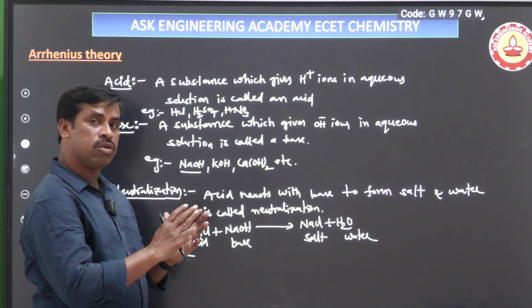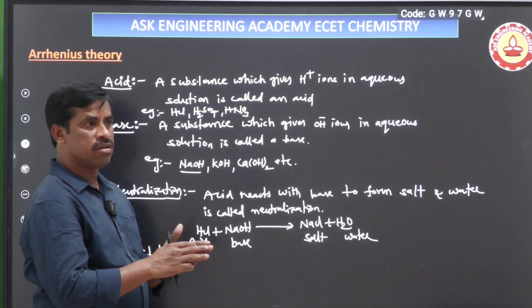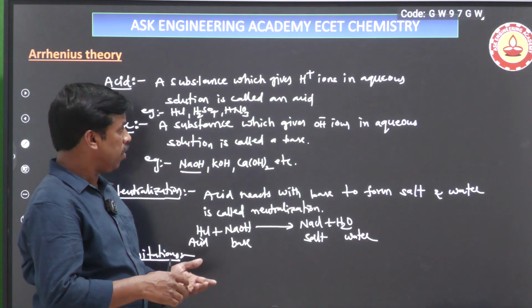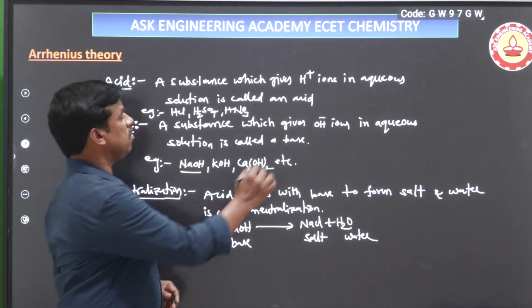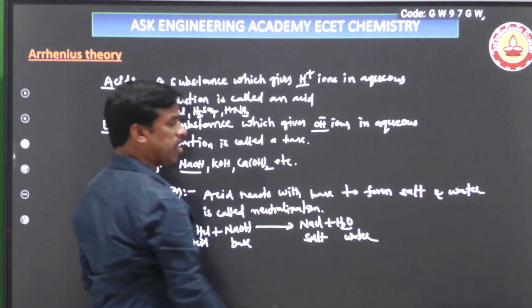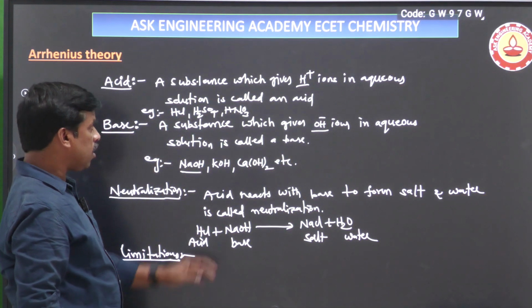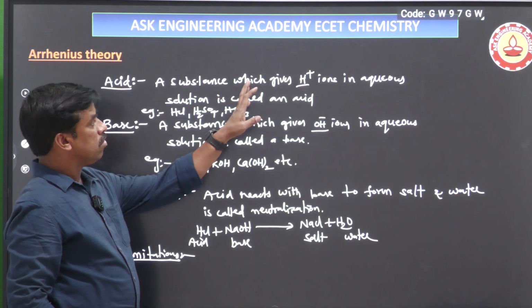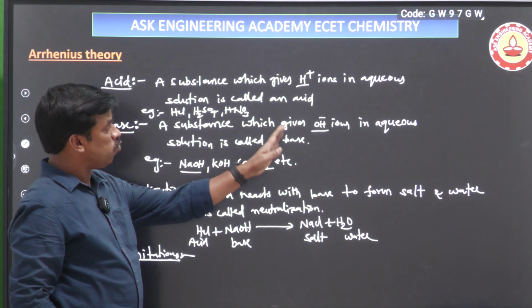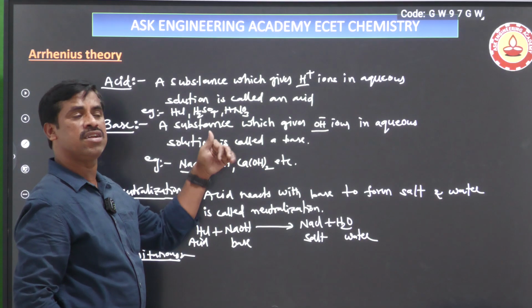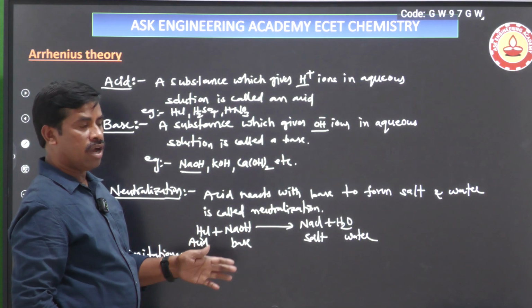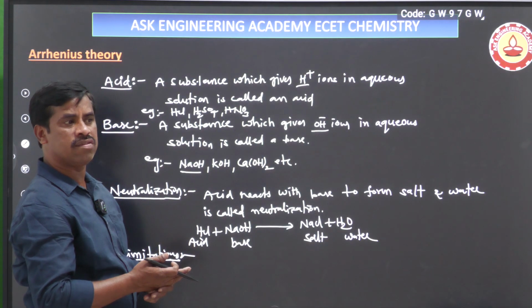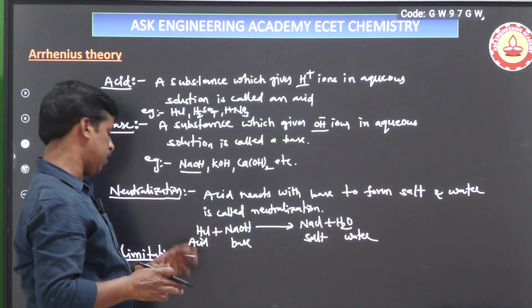He did not say which is an acid or which is a base. If H plus is given, it is an acid; if OH minus is given, it is a base. Only when H plus and OH minus are present did Arrhenius say it is an acid or a base. Other than H plus and OH minus, some compounds behave as acidic or basic, and he did not explain that.